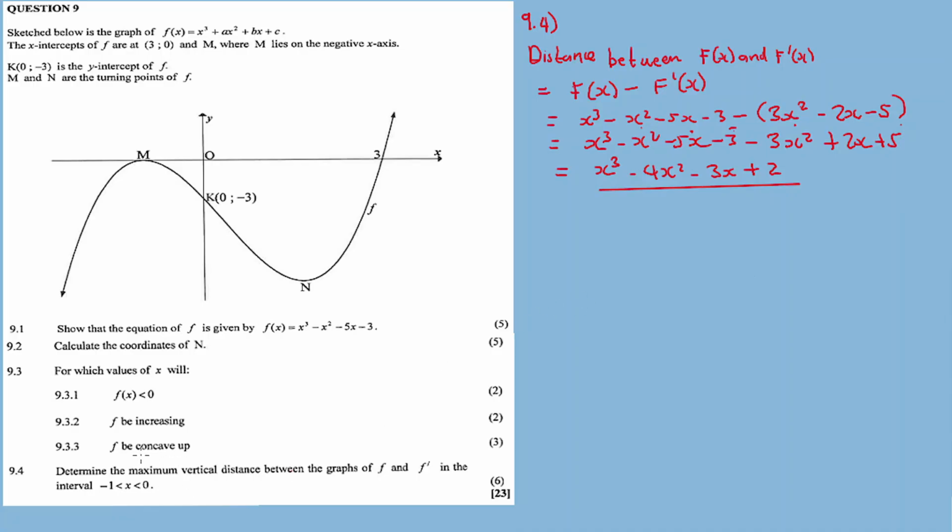Since we want the maximum vertical distance, we will need to take the first derivative of our distance, right?